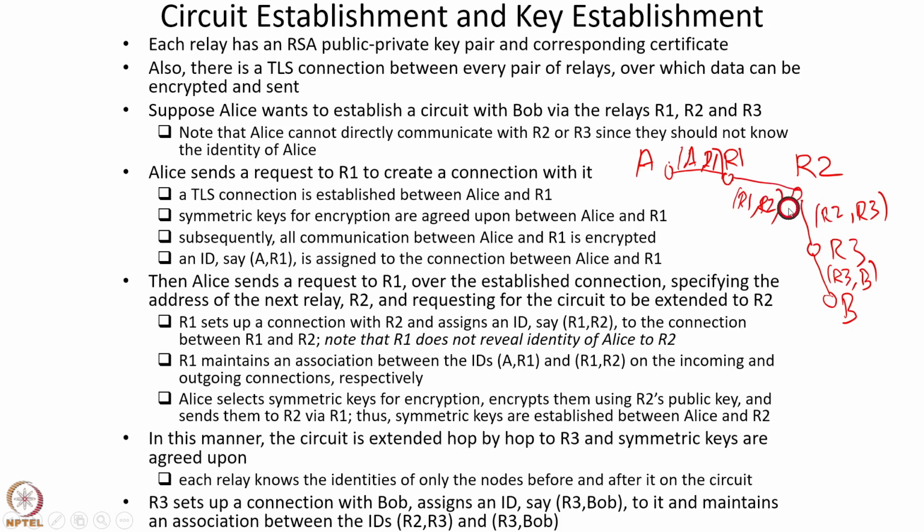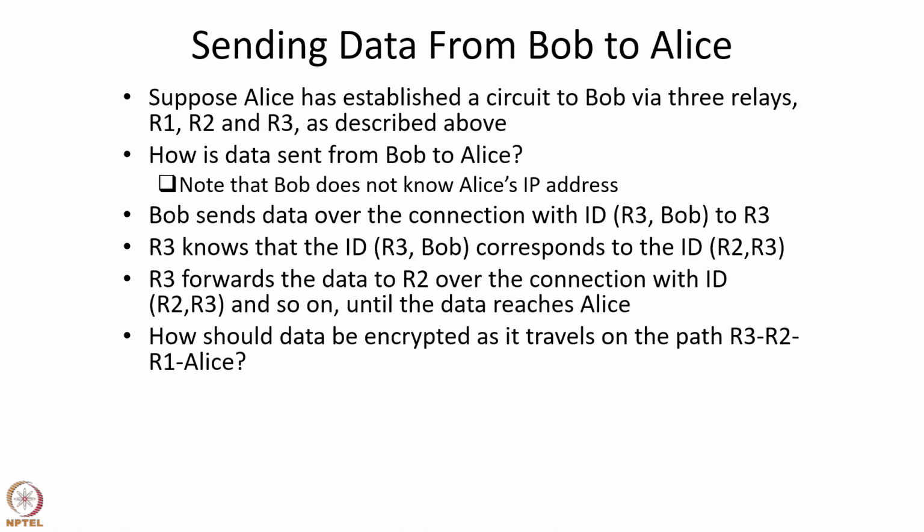Whatever data it receives from the connection with ID R2, R3, it forwards on the connection with ID R1, R2 and so on and so forth. So this way the data finally reaches LS. So we have answered the second question as well. How is data sent from Bob to LS? Now, how should data be encrypted as it travels on the path R3, R2, R1 to LS?